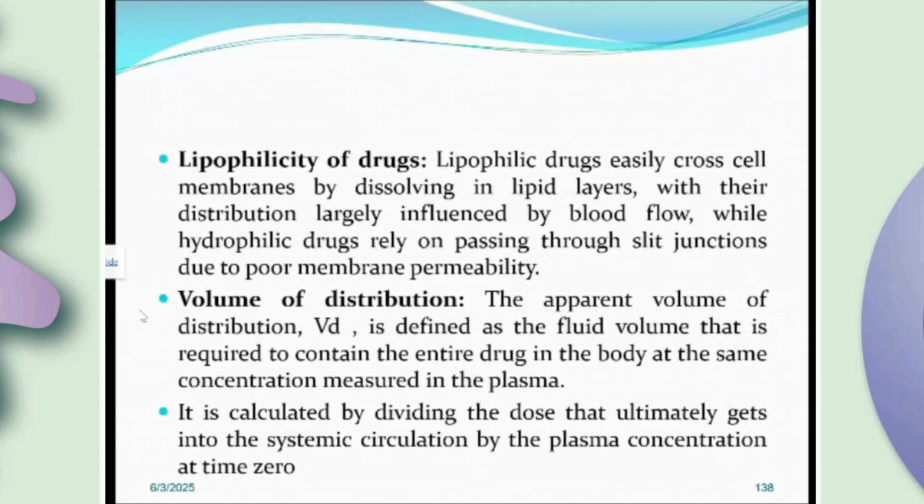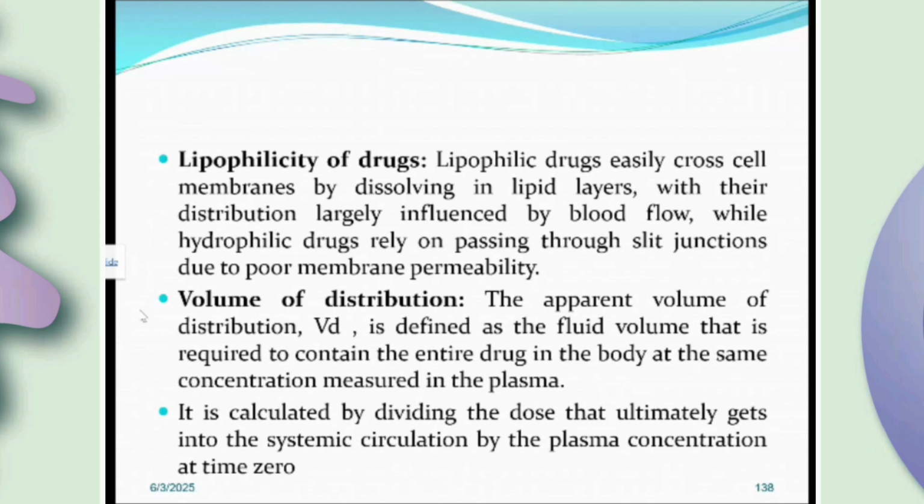Because the properties of fluids differ, you are likely to have two different fluids with the same amount of solute but totally different concentrations. So volume of distribution is that volume that will have the same amount of the drug and give us a concentration equivalent to were that drug dissolved in the entire plasma.